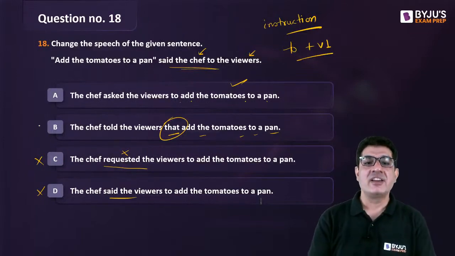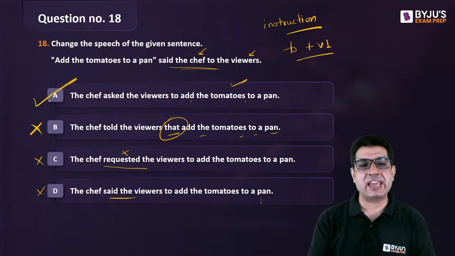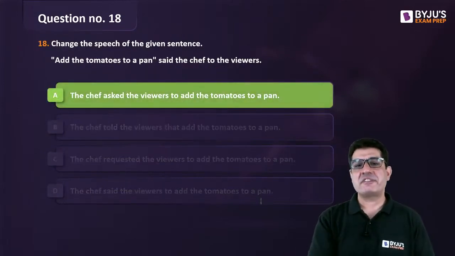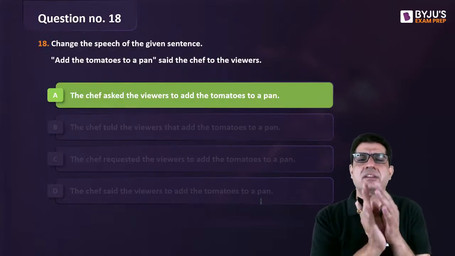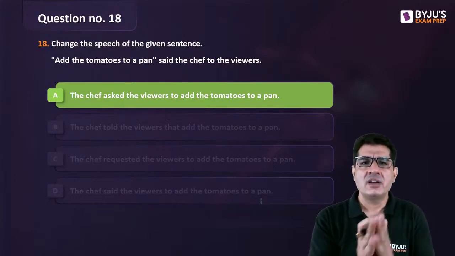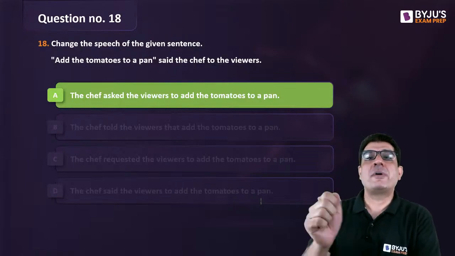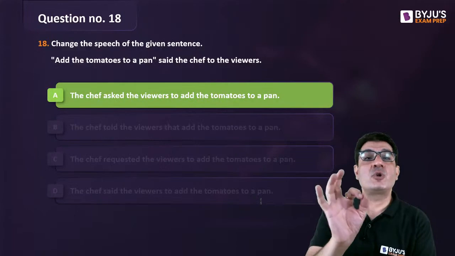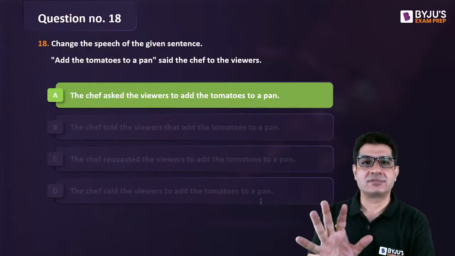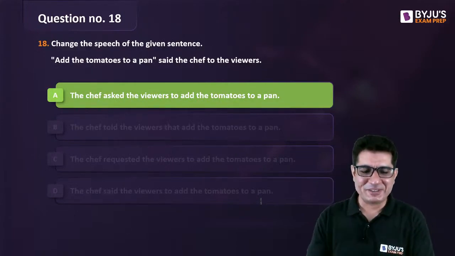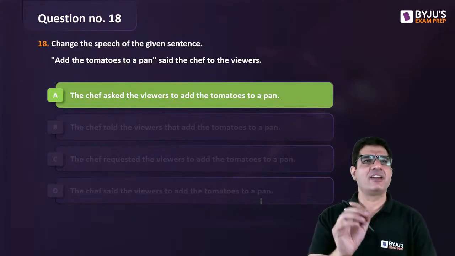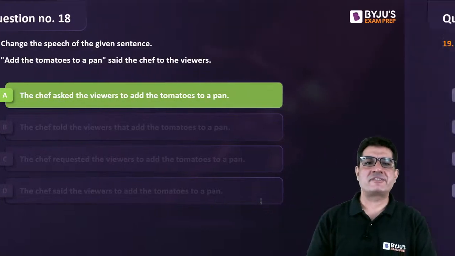And that is why we can rule out B, and A is going to be our right answer here. So the chef asked the viewers to add the tomatoes to a pan. For example, if I say, open the door, I said to you. So I instructed you to open the door. That's how we convert it, right? So A it is, B uses that, which is not a conjunction that we use for imperative sentences.